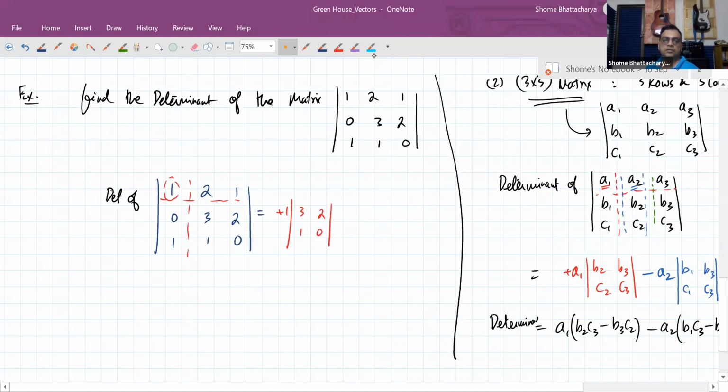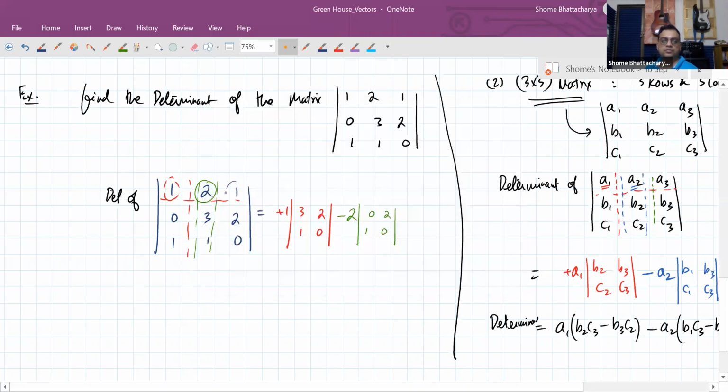Okay. Then next we take out this term. So this, but this term comes with a minus sign, remember. So I'm left with these four terms. So that is 0210.